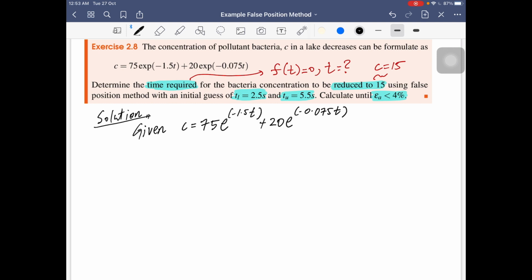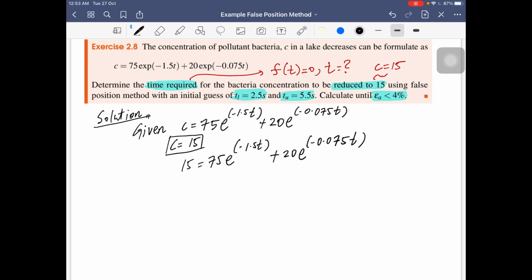In order to get the function F(t), we know that C is equal to 15. So now we have 15 equal to 75e^(-1.5t) plus 20e^(-0.075t).